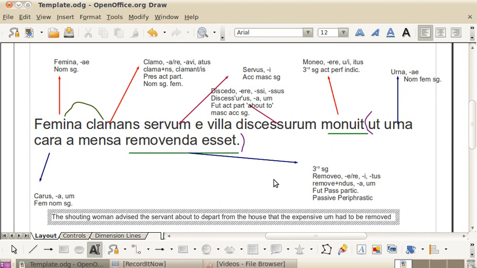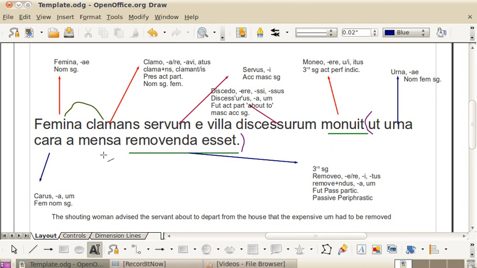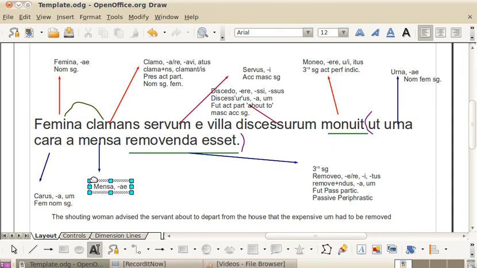Okay? And that simply now leaves a prepositional phrase to deal with, a mensa. Mensa is a first declension noun from mensa, mensae, and it could be feminine nominative singular, but we already have urna doing that for us. And of course we have a preposition, a here, which expects an ablative. So mensa we are going to identify as feminine ablative singular.